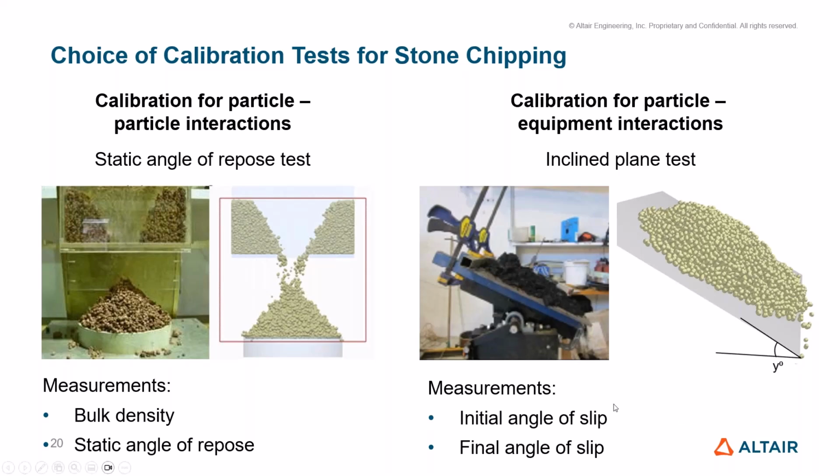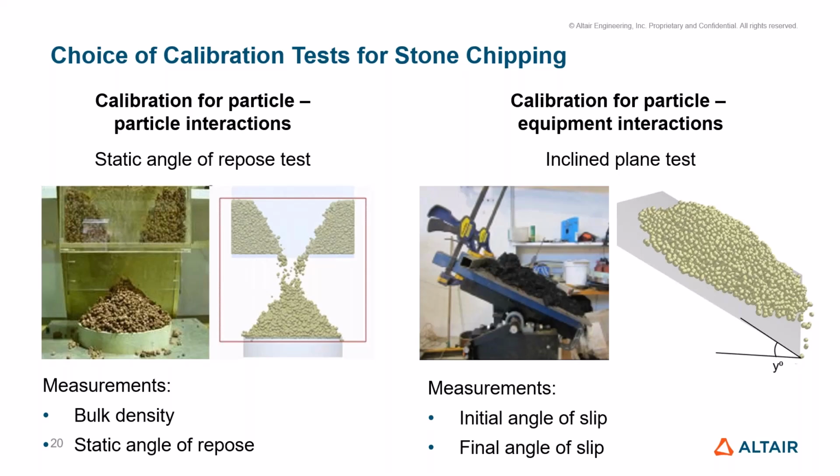So these are the two angles to be measured, and the same angles are to be calibrated by adjusting the frictional parameters between particle and geometry, which gives us the interaction parameter between particle and geometry.